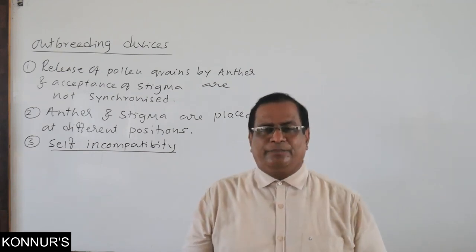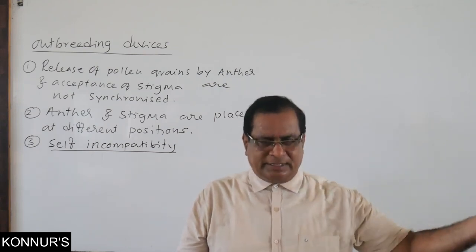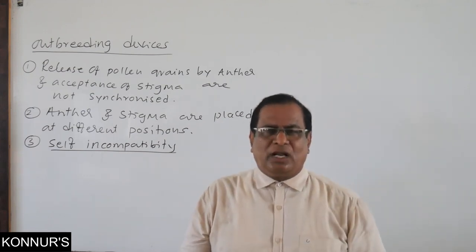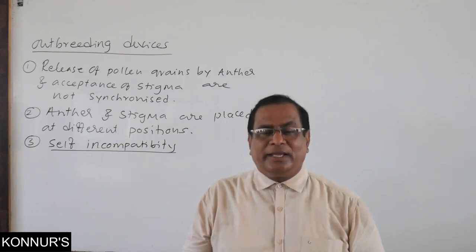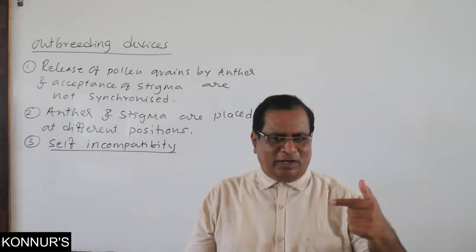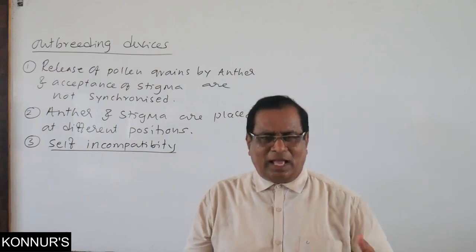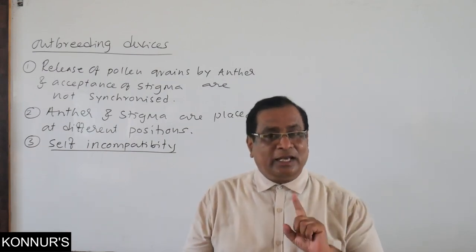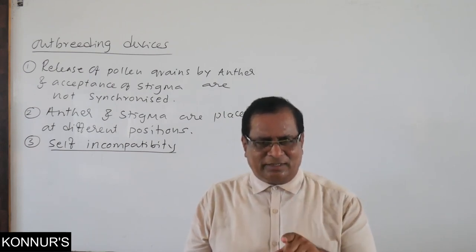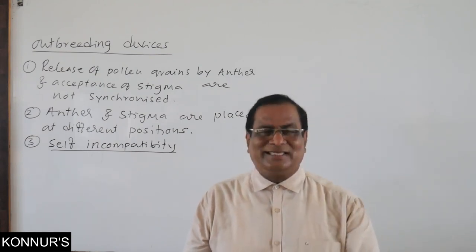Another neat question: when the pollen grains from a different species fall on the stigma and are rejected by the stigma, this is said to be incompatibility, self-incompatibility, compatibility, all these. The answer is incompatibility. Remember, the stigma rejects when pollen grains from a different species fall. That is incompatibility.